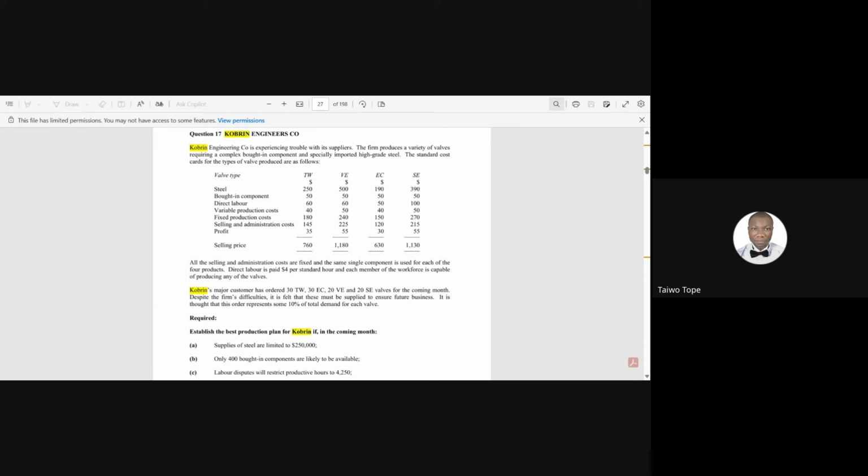The special order. So if you want to get the overall demand for TW, what will happen? If 30 represents 10% of the overall demand, what will be the 100%?